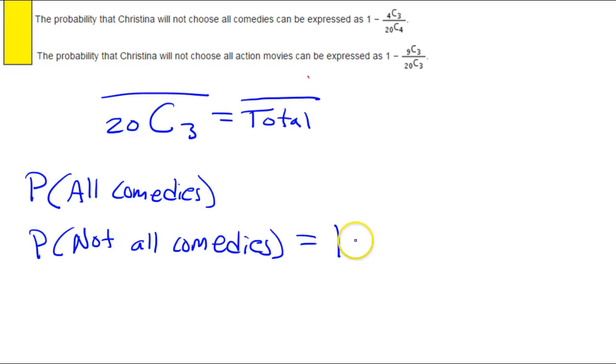It's going to be 1 minus the probability of all comedies.